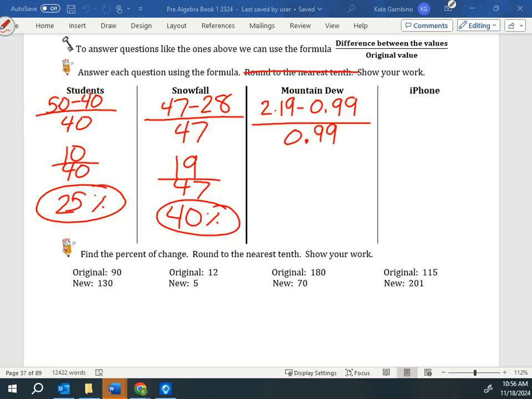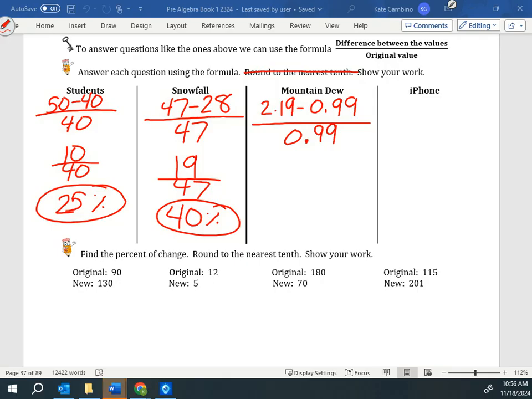So what is my percent of increase? If I have 2.19 minus 99, what do I have for my top, Eleanor? 120. Is that right? No, I want to know what my difference is. 2.19 minus 99 would be what? Yeah, I was thinking about percent.